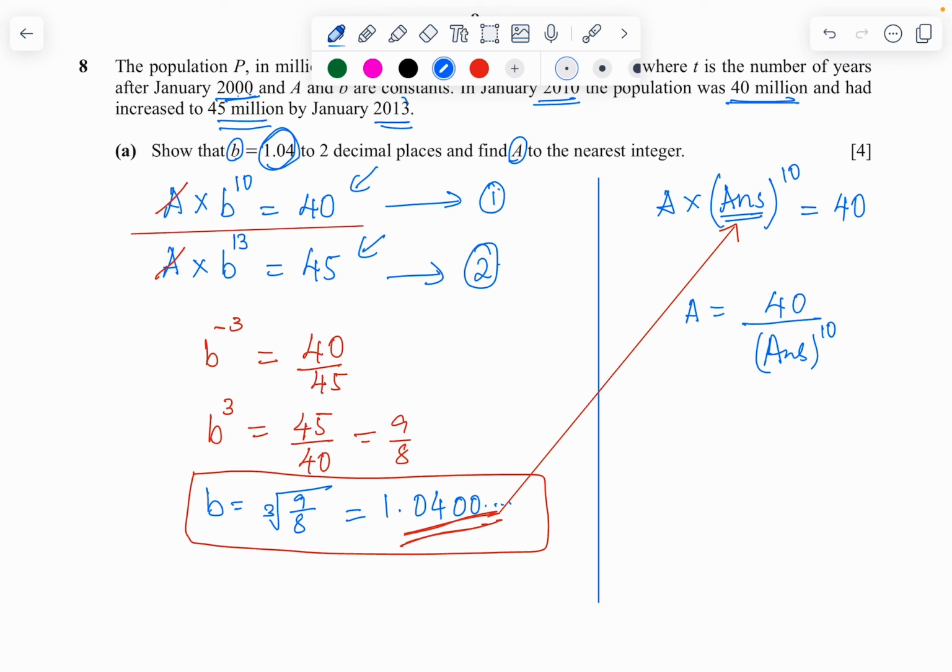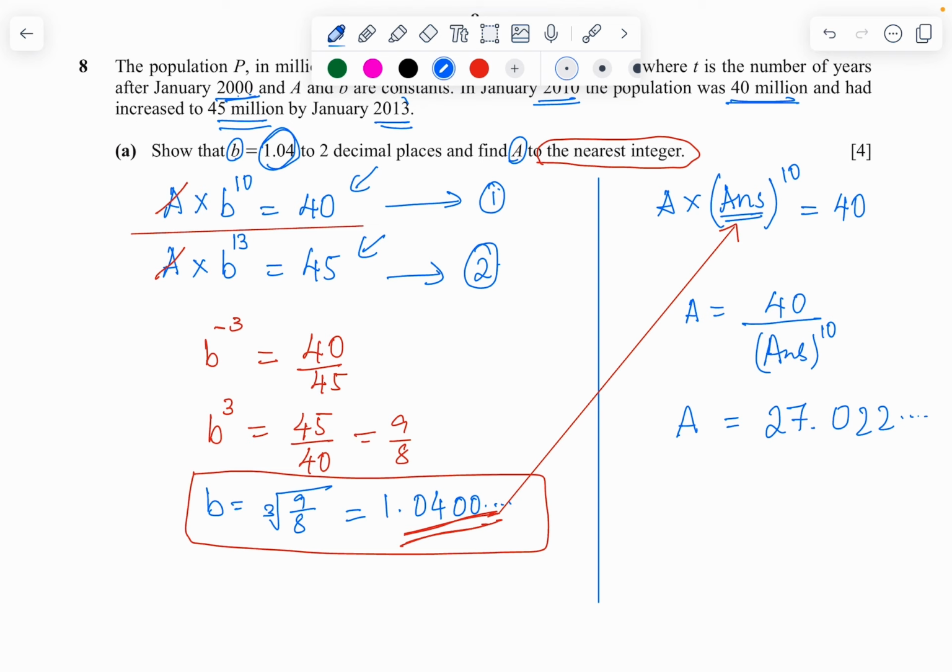So which gives me A equals, let me check one more time, 40 divided by... okay, so the answer is 27.022 something. But again, look at the question requirements, the accuracy.